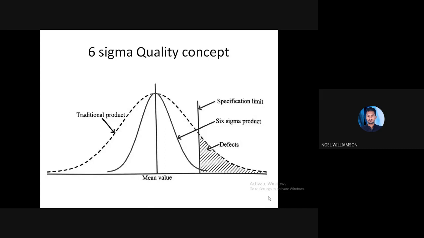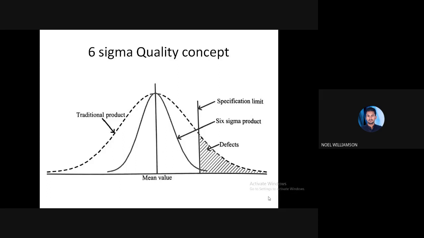3.4 parts per million means if we take a million components, only 3.4 components, 3.4 means less than 4, so only less than 4 components will be failed, or defective parts.